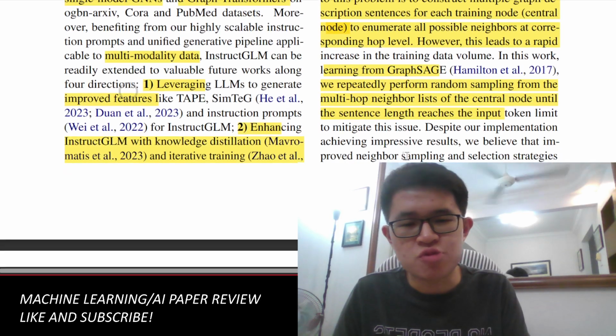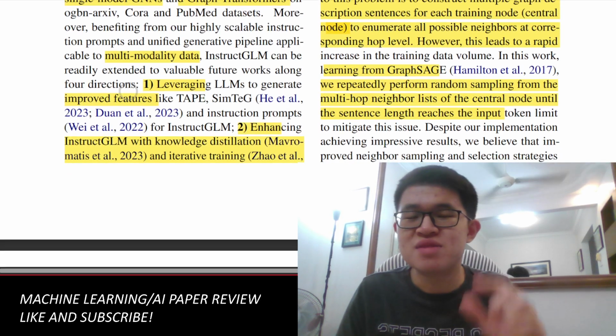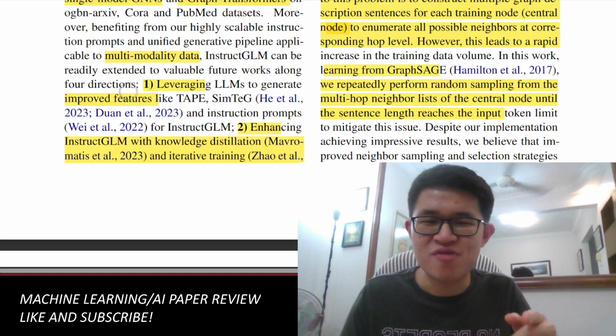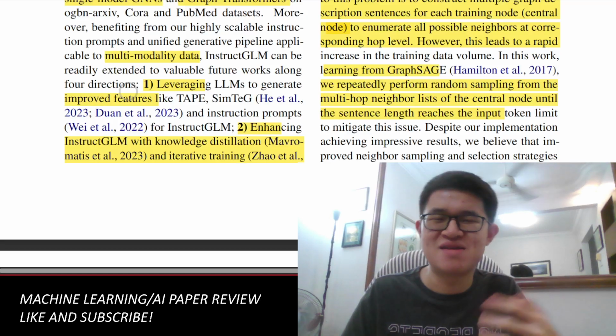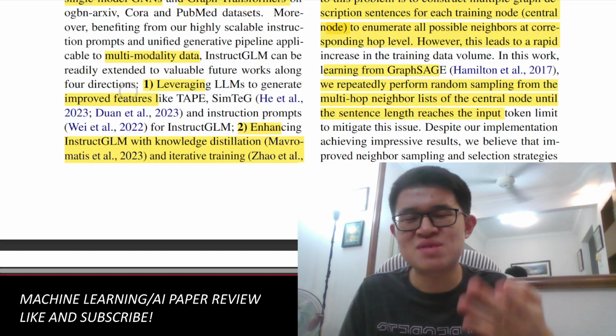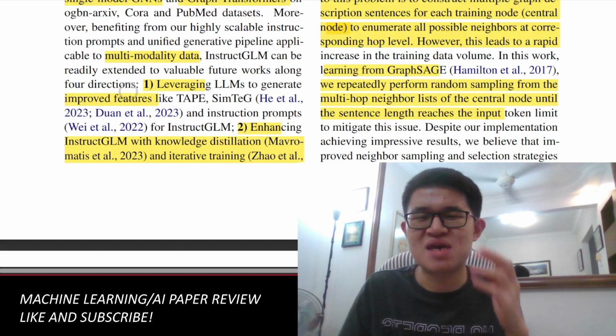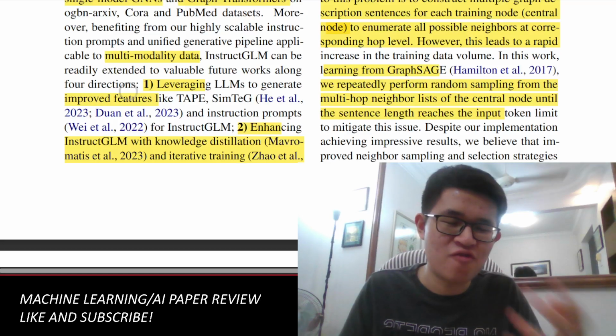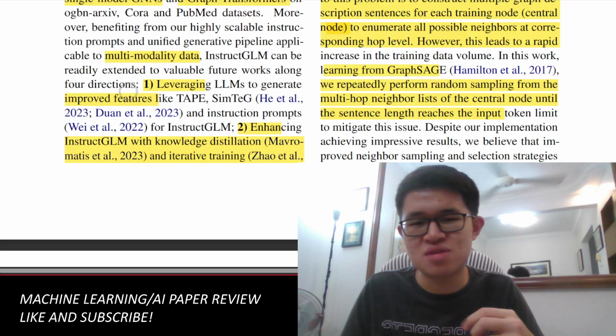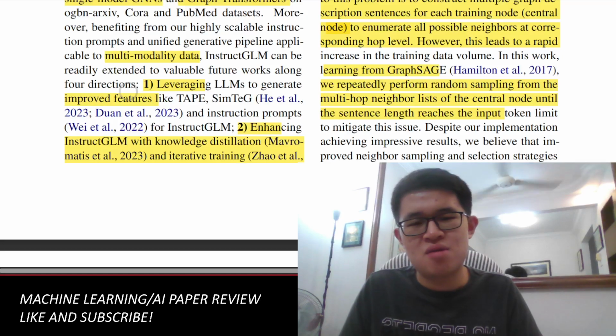And that seems to work for them. But then again, you have to remember that this leads to information loss. So obviously in this paper they are going to say it mitigates that issue, but we all know that there's going to be information loss when you do this kind of sampling.